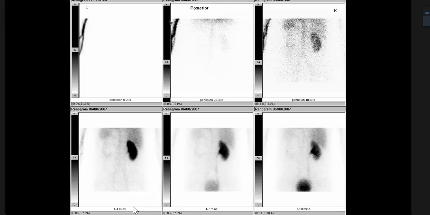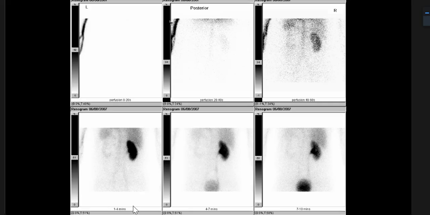In DMS scan we cannot do the curve; it only shows the anatomical orientation of the kidneys.